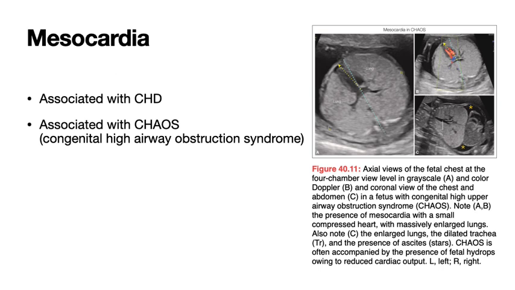Here, the example of mesocardia, where the heart's dead center in the middle, is an example of CHAOS syndrome. CHAOS stands for congenital high airway obstruction syndrome. What happens is if you have airway obstruction, let's say laryngeal atresia, where your larynx is obstructed, the fetal lung makes fluid.